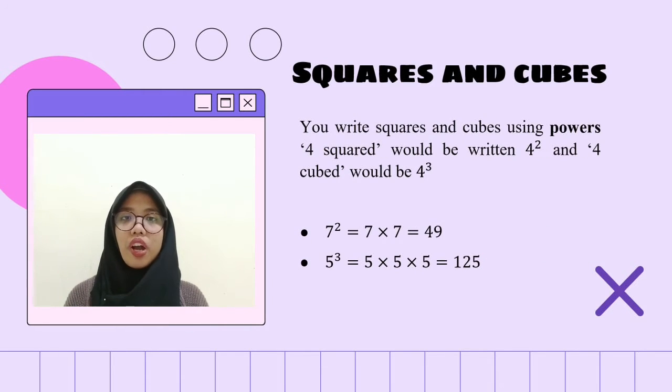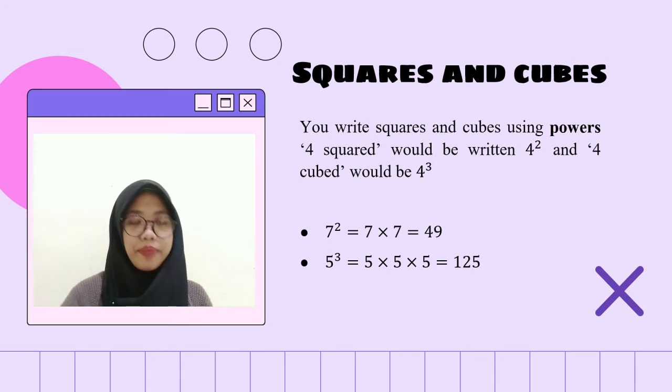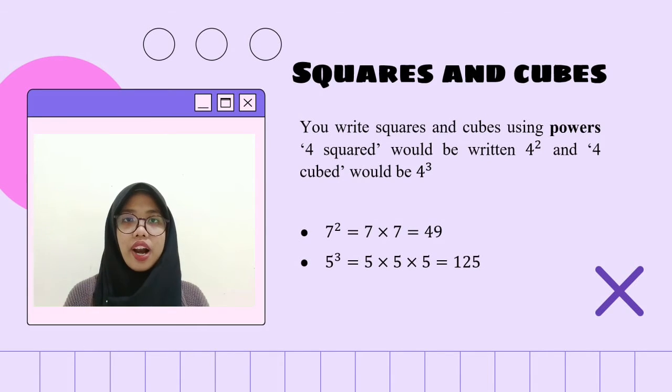You write square and cubes using power. You can see how to write powers on the screen, okay? In this example, 7 squared equals 7 times 7 equals 49.